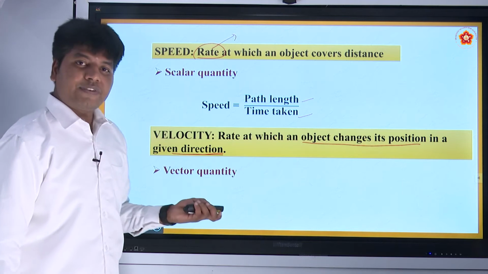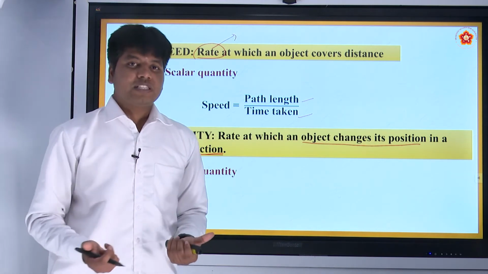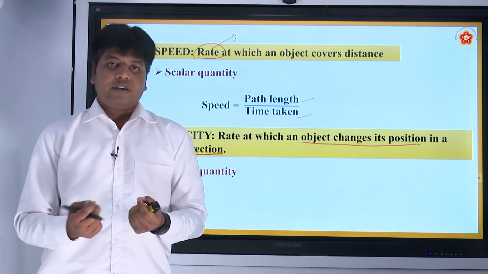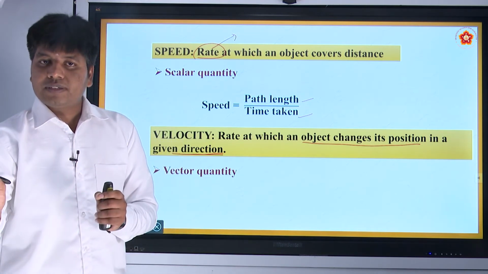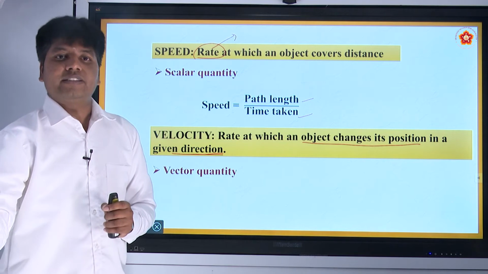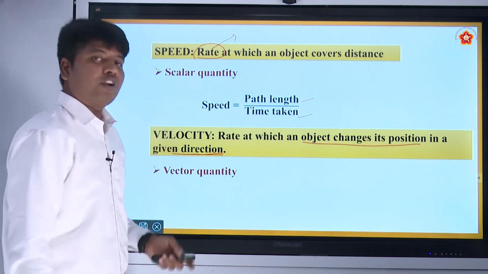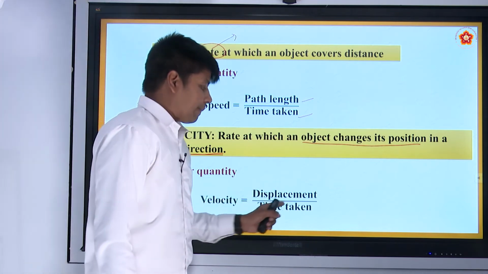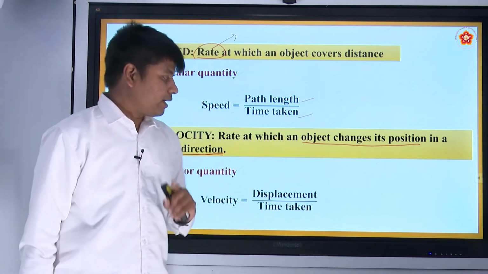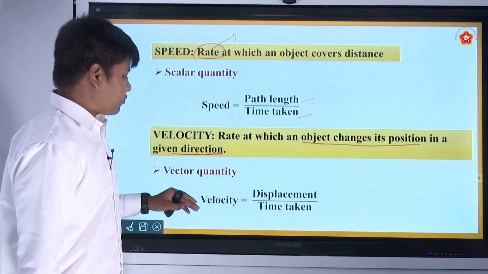Here velocity is a vector quantity because displacement is a vector quantity. If you are changing your position, in what direction and at what rate you are changing that position, that gives you the velocity. So velocity is displacement by time taken.